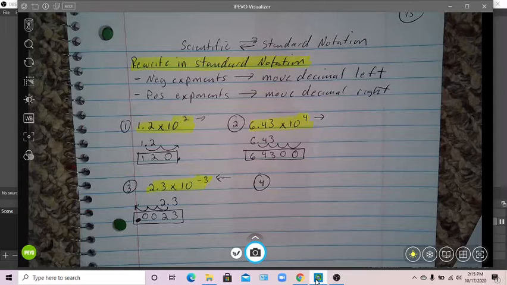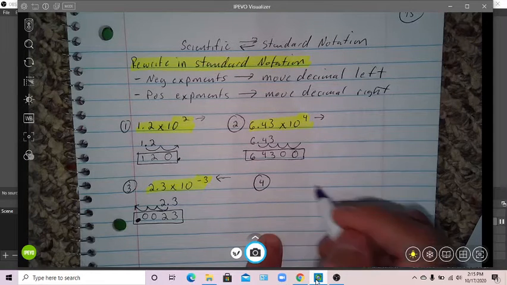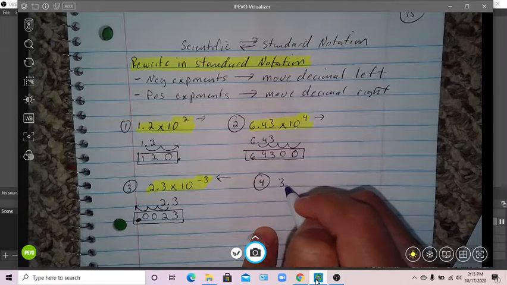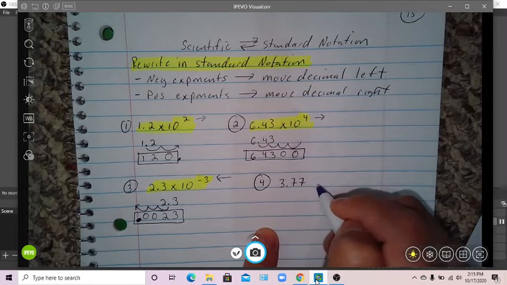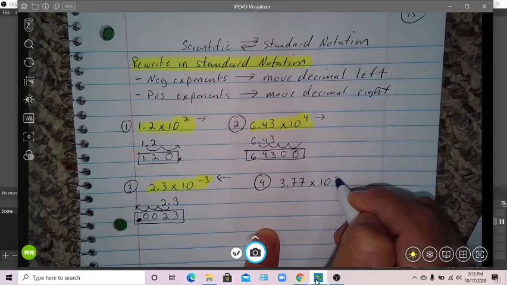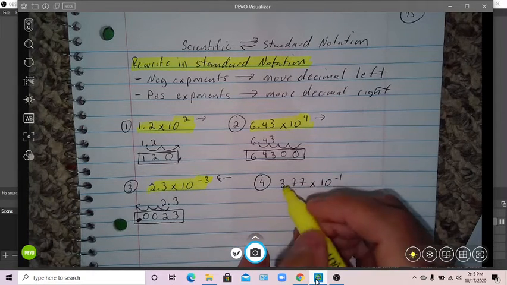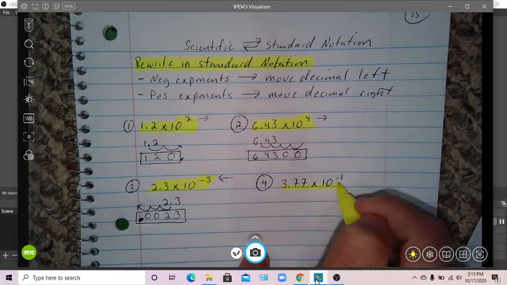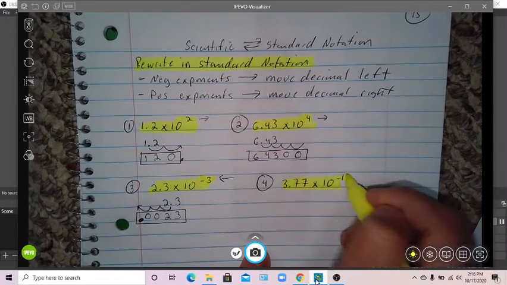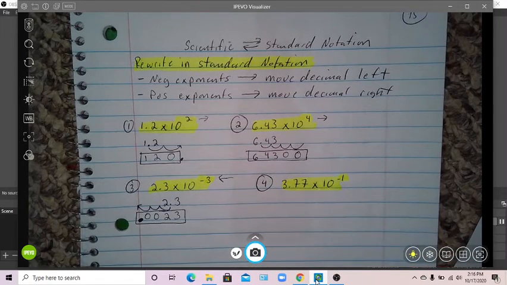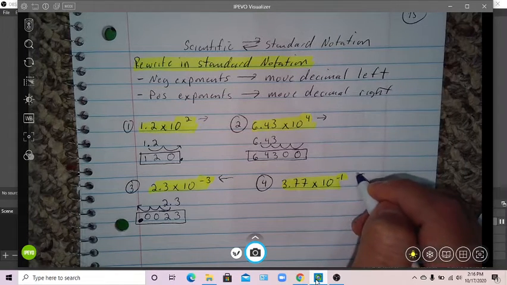All right, so for number 4, let's do 3.77 times 10 to the negative 1. Okay, so it's a negative exponent, so I'm going to have to move the decimal to the left.